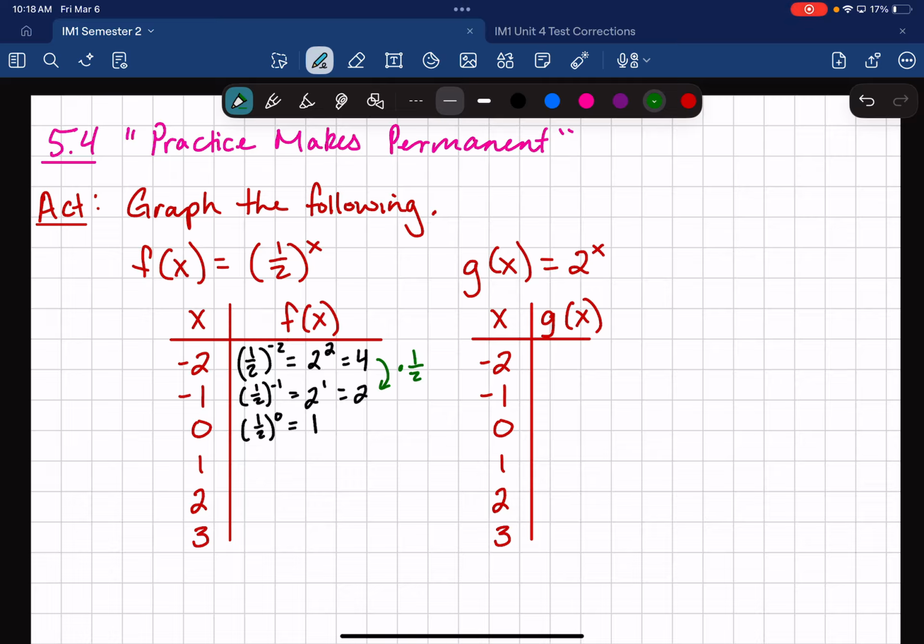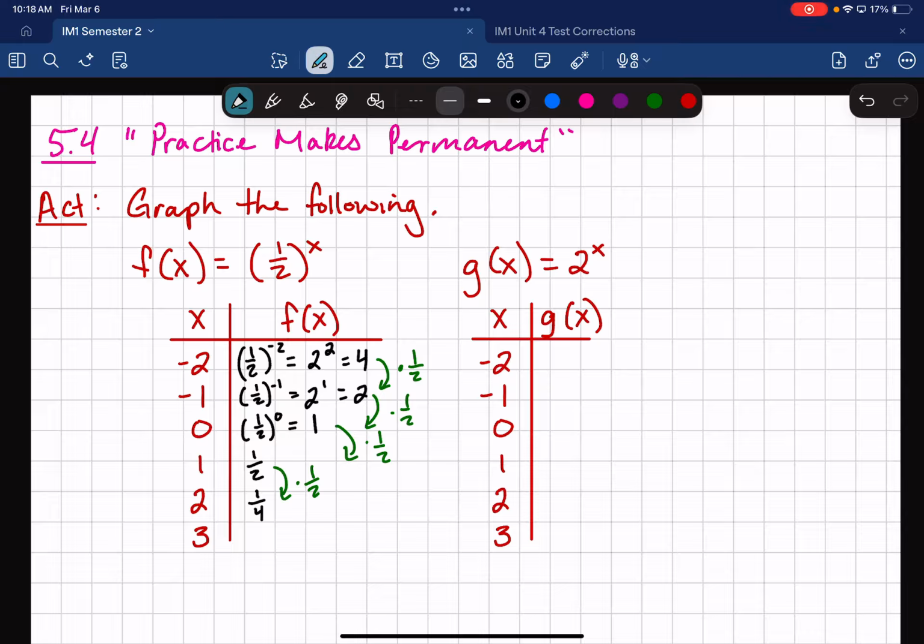What's half of 1? 1/2. Because I'm just multiplying 1 times 1/2. Then here I multiply by 1/2.